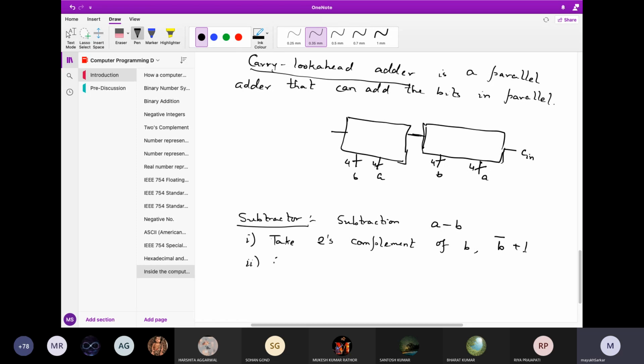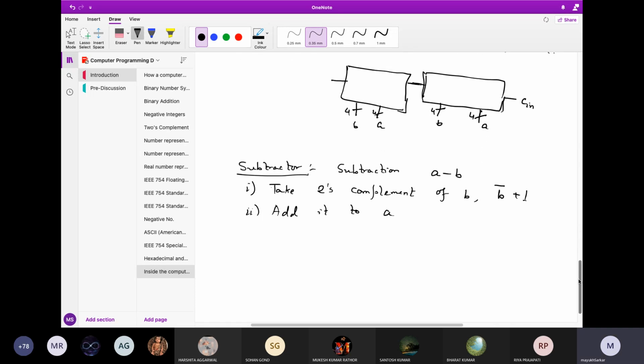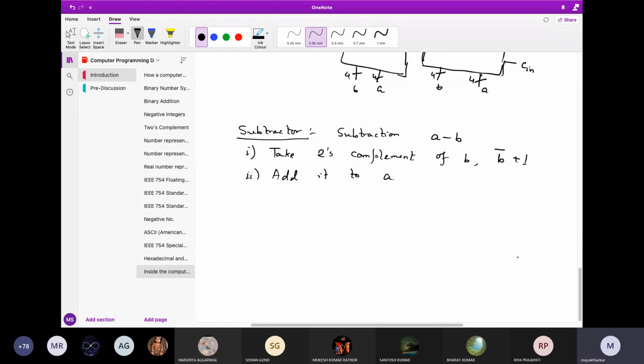And then add it to A. This will give you A minus B. So you can simply use the normal full adder as it is to design the subtractor.